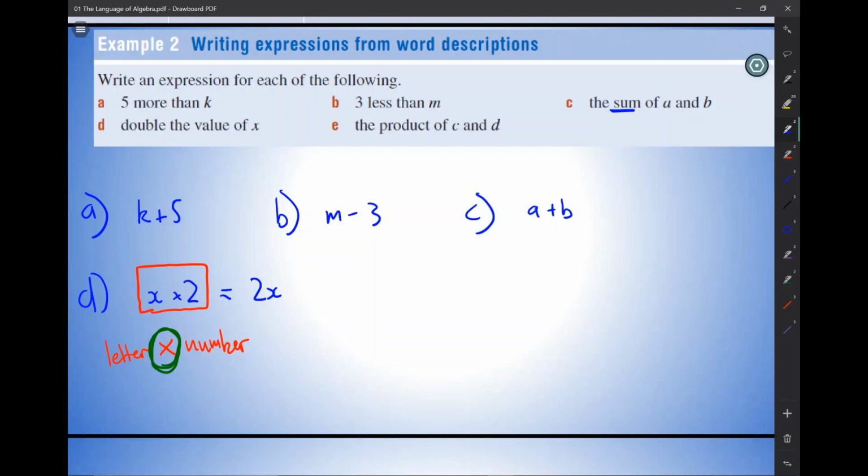And when you see this, 2x, I want you to remember that this is what it means, 2 times x. It's convention that we put the number first. We write it as 2x, not x2. But just remember that when you see this, it means there is a times in the middle.